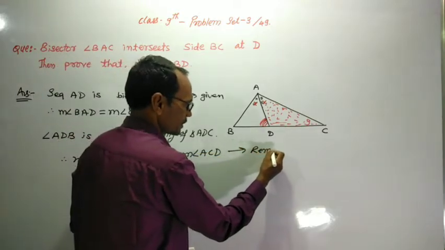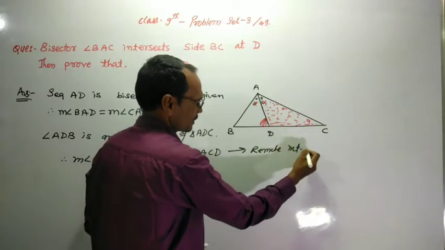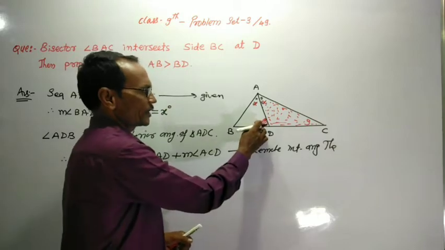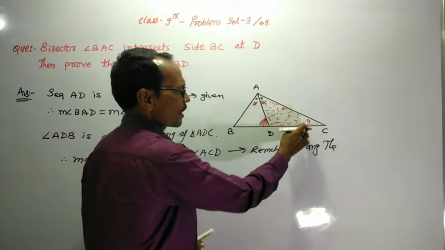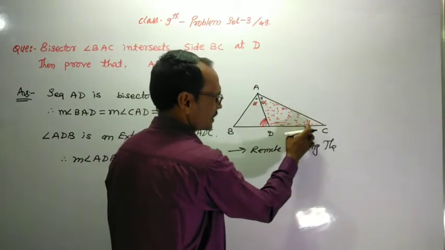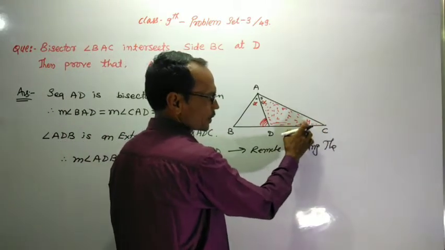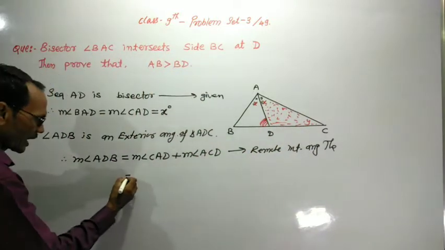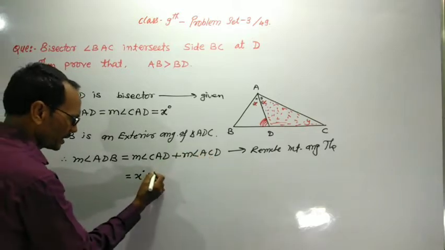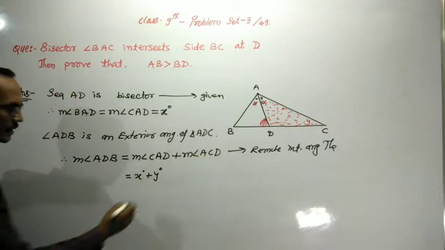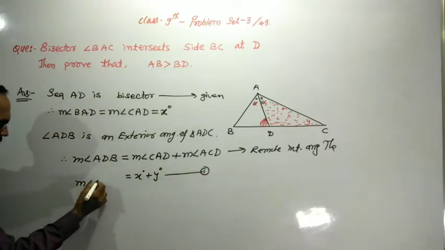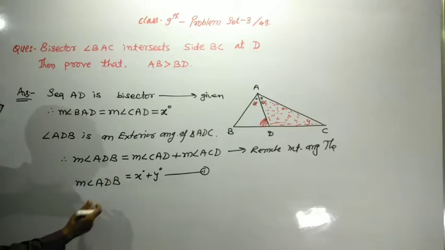Remote interior angle theorem: measure of exterior angle is equal to sum of measure of its remote interior angles. Let us consider angle C is equal to y. Then I can write here CAD means x plus ACD means y. This is equation number 1. Measure of angle ADB becomes x plus y.